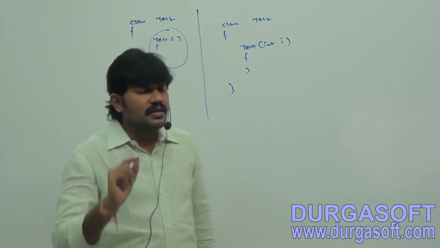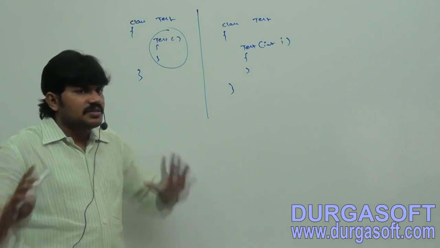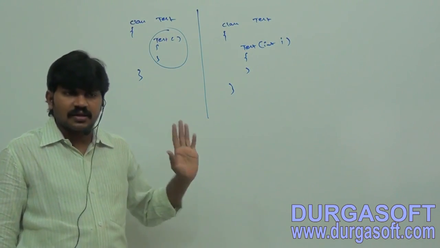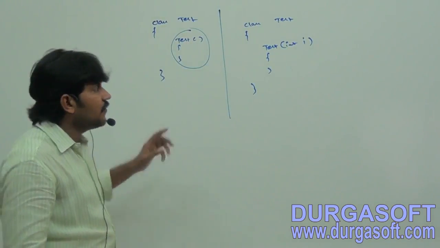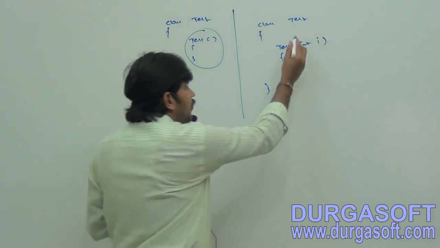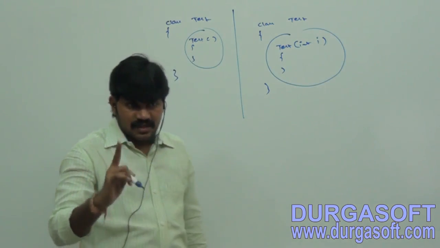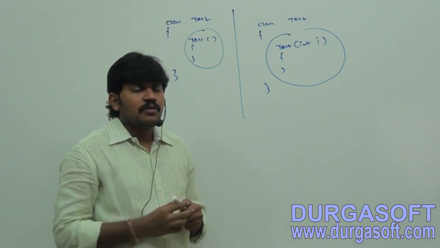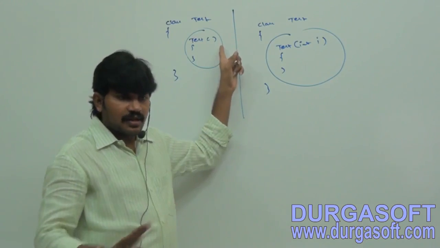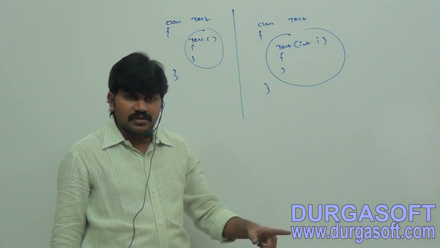Next, sir, take very special care. Every class in Java contains a constructor. It may be the default constructor generated by the compiler or a customized constructor provided by the programmer, but not both simultaneously. When will the compiler generate a default constructor? If we are not writing any constructor. If I am writing any constructor, the compiler won't generate one.